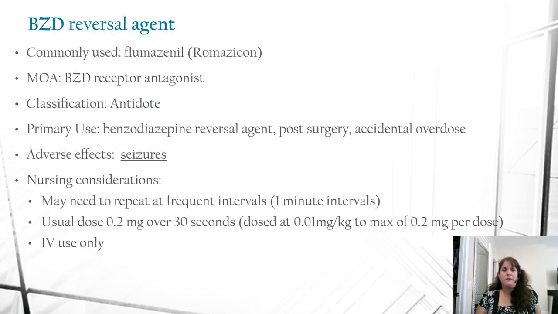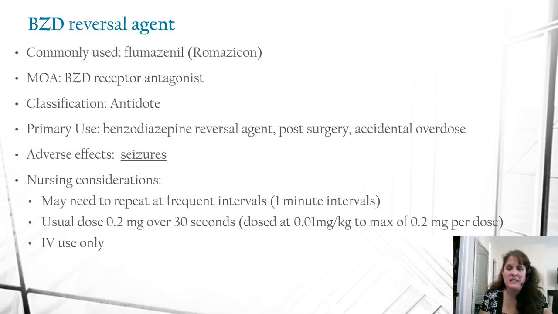Okay, so as we move to conclude this lecture, I did want to talk about one of the agents we have should you have an individual that has an overdose of benzodiazepines, and this is going to be flumazenil. Again, most often known as Romazicon, but it is flumazenil. This is an antagonist for the benzodiazepine receptors that you will see utilized in the acute care setting quite a bit.